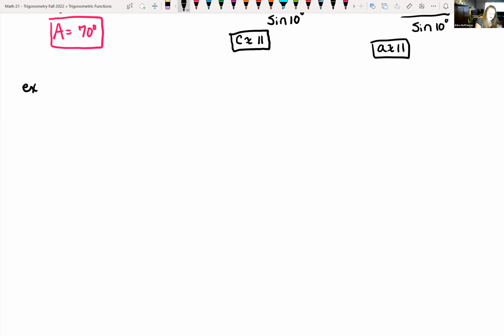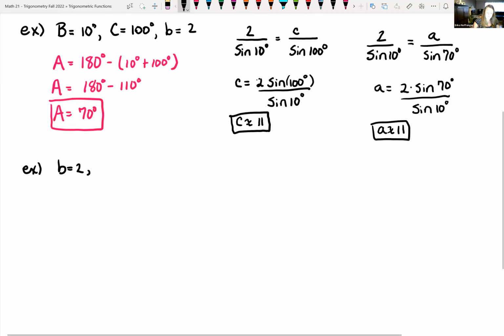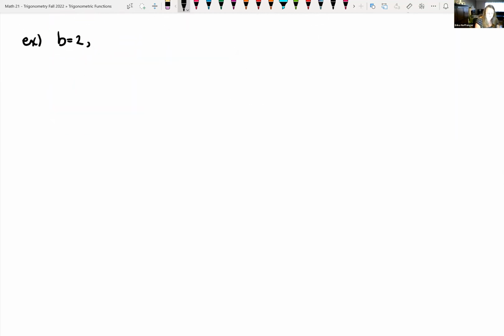And then I know that there's no triangle. So let's look at an example here. Let's say you're given that side B is 2. We're given that side C is 3. And we're given that angle B is 40 degrees.